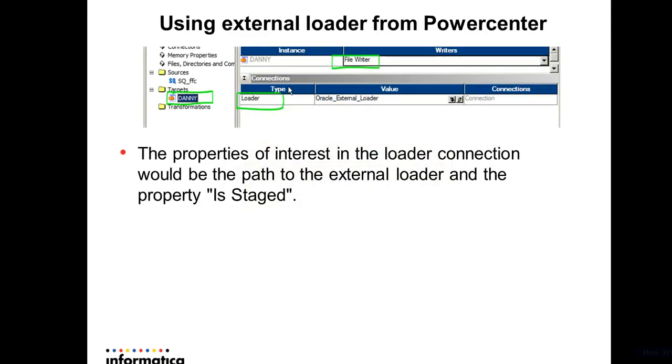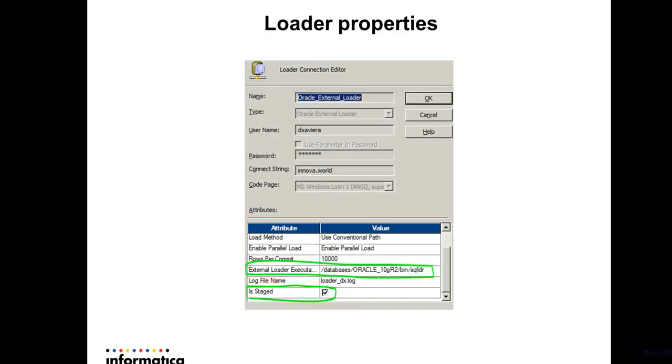The connection type for external loaders is made of the type loader, and it's made to point to a value that is already created. Typical properties of an external loader that would be of interest would be the path where the external loader is, and this path is on the server machine where the Informatica process runs.